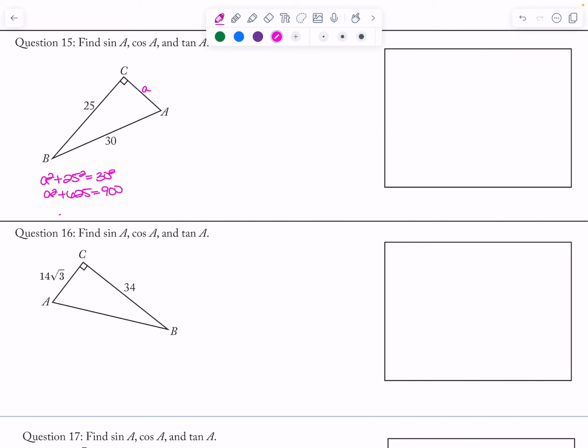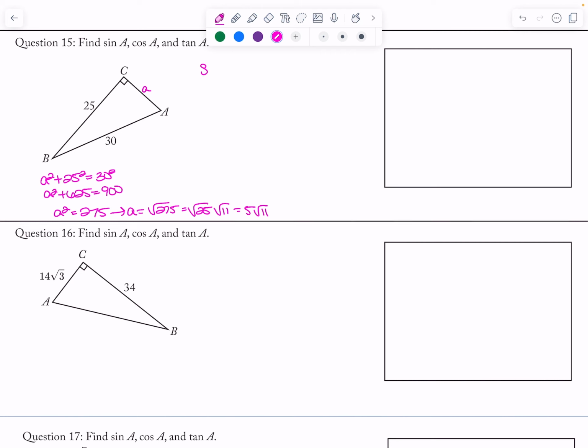So then a squared is equal to 275. So a is equal to root 275. And that is the square root of 25 times root 11. So that is 5 root 11 because the square root of 25 is 5.